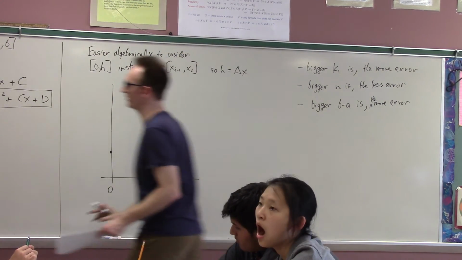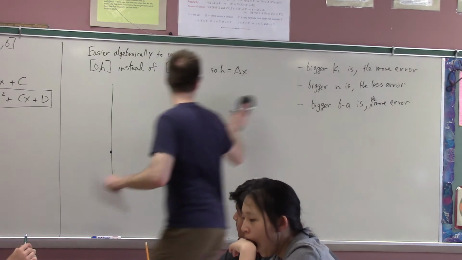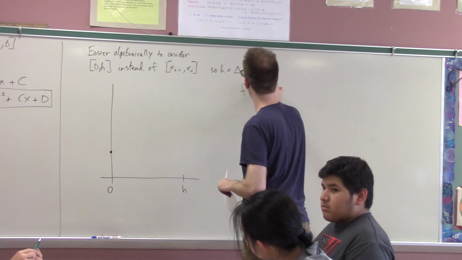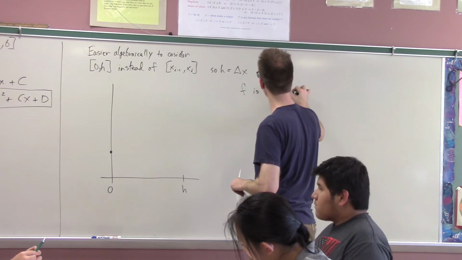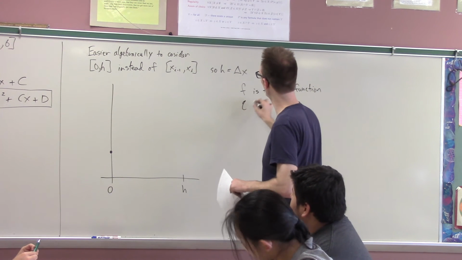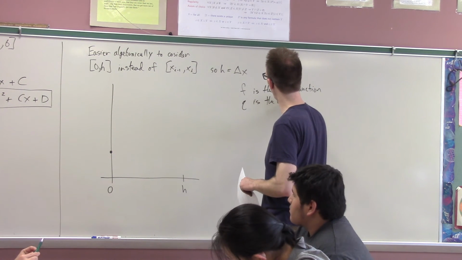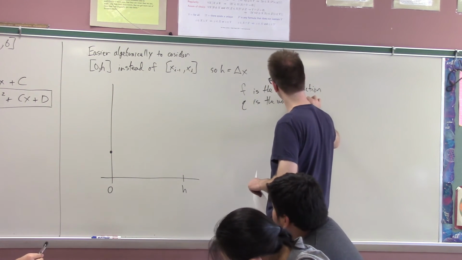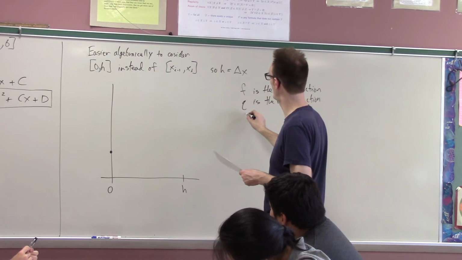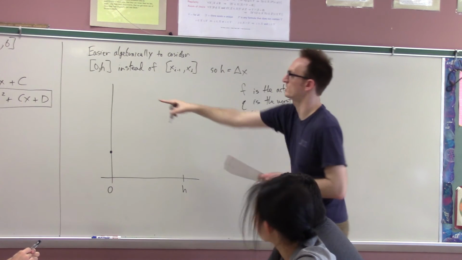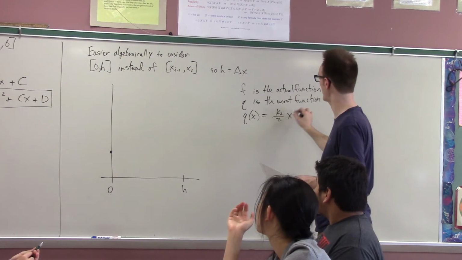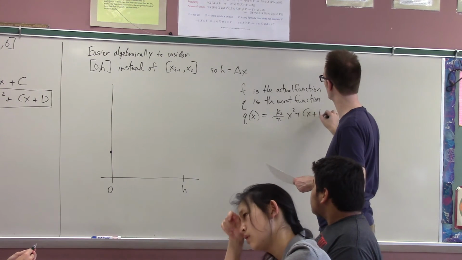F is the actual function. Let's call this worst offender function q. Q is the worst function. Q is the function which is k2 over 2 x squared plus cx plus d.